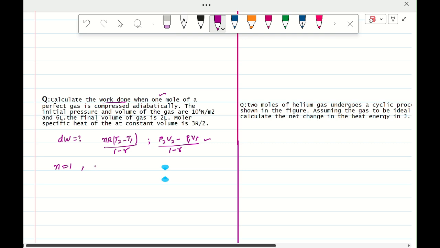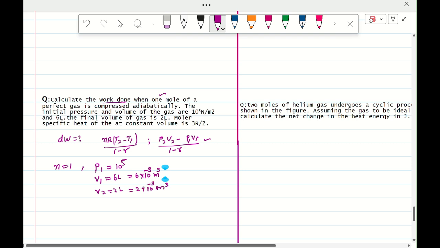The initial pressure P1 is equal to 10 power 5. V1 is equal to 6 liters, which I can write as 6 into 10 power minus 3 meter cube. The final volume V2 is 2 liters, that equals 2 into 10 power minus 3 meter cube.